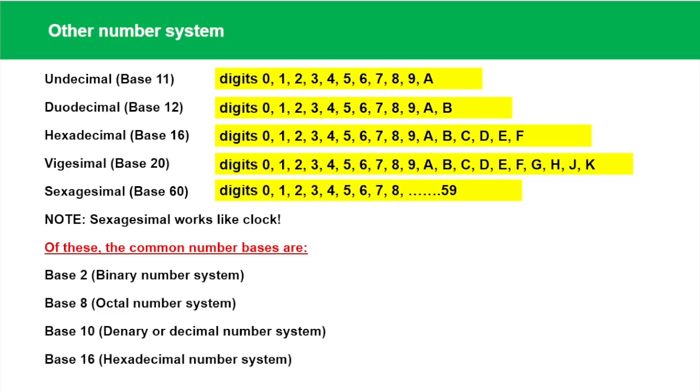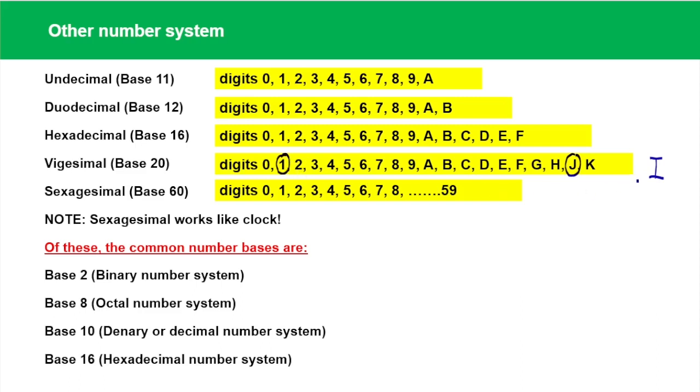The vigesimal number-based system uses 20 digits, beginning from 0 up to 19. K here represents 19. Please note here that for the vigesimal number-based system, after letter H, we're meant to have letter I, but the letter I here has been replaced with letter J. The reason for this is that letter I is considered to be similar to the digit 1.